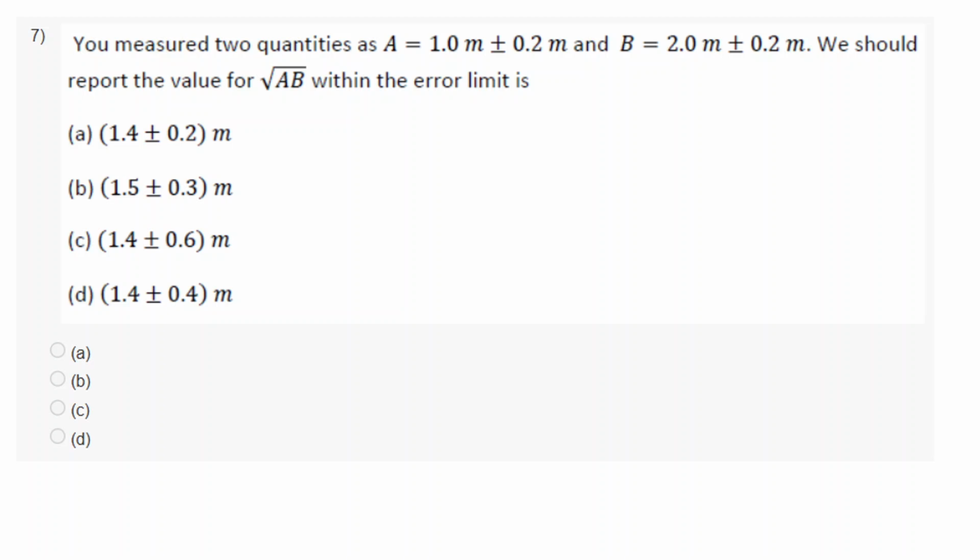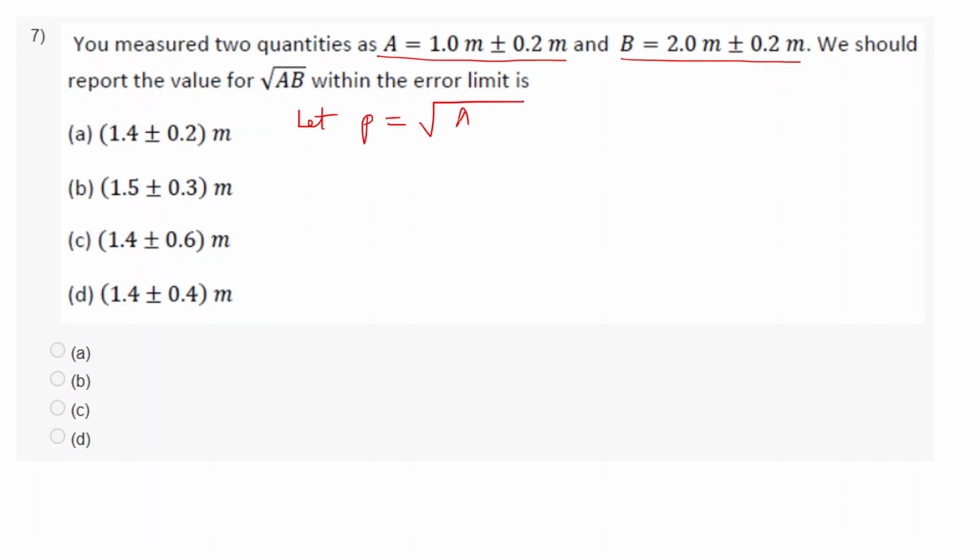We are measuring two quantities, one quantity is this, another quantity is this. We should report the value for this within the error limit. There is some parameter a and b, and we have to multiply and take the square root of that and tell what this final value will be. Let's call it p.